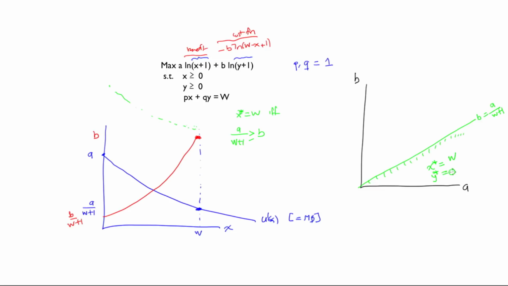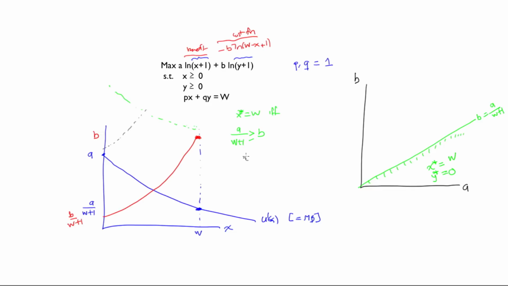Now, in gray, I'm going to draw the opposite case, which is a case in which the marginal benefit is the blue curve, but the marginal cost is always above the marginal benefit. So let's say something like this. And in that particular case, we never want to take any of the action x.